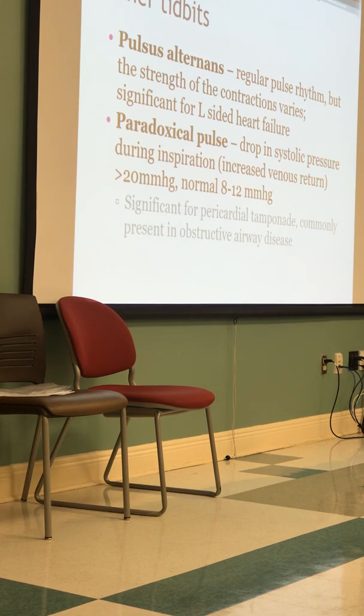And usually the question would be something like the patient is in some acute respiratory distress. He takes a deep breath and his systolic blood pressure drops from 160 to 100. Okay. That's a really ridiculous drop.